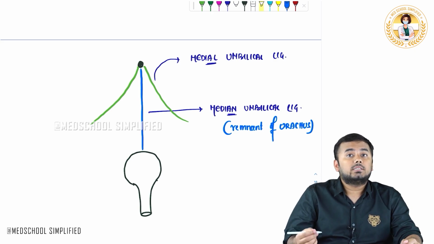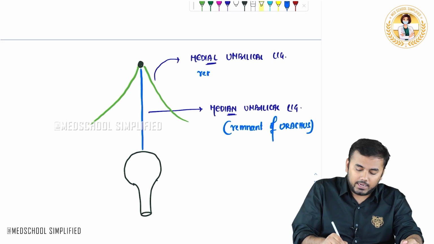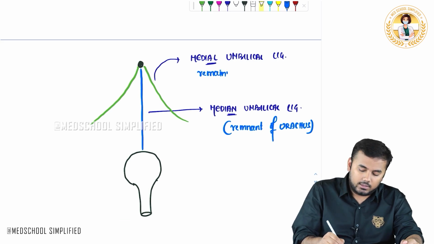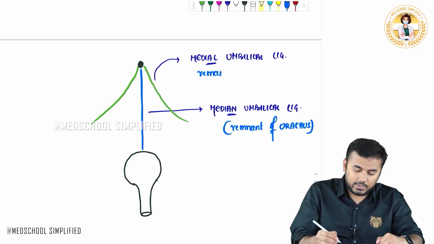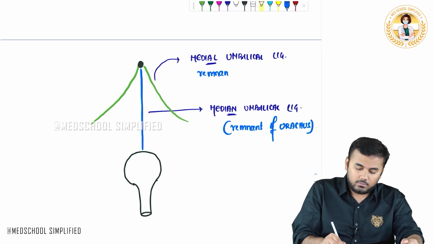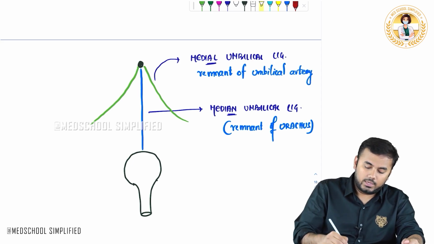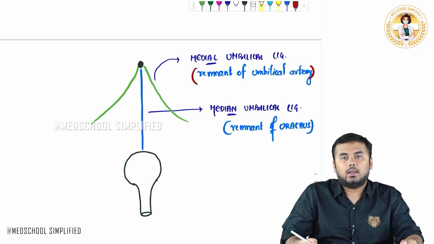Medial umbilical ligaments are the remnants of the umbilical artery. Remnant means the remaining part of the umbilical artery. So they are the remnants of the umbilical artery.